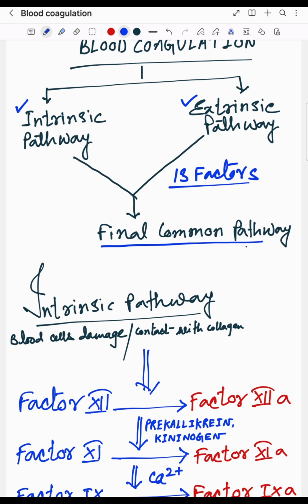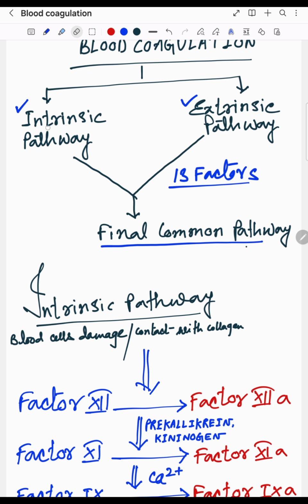Before activating factor 1, there is a chain of events, and that is why this is known as a cascade. Cascade means chain of events, chain of reactions, which will not stop until the end product is produced. Okay, so what happens, there will be activation of 13 factors. How they will activate one by one, we will see through these two pathways.